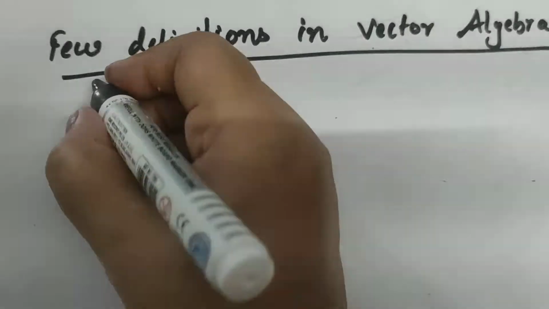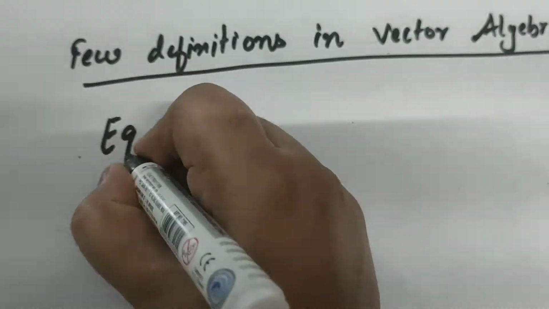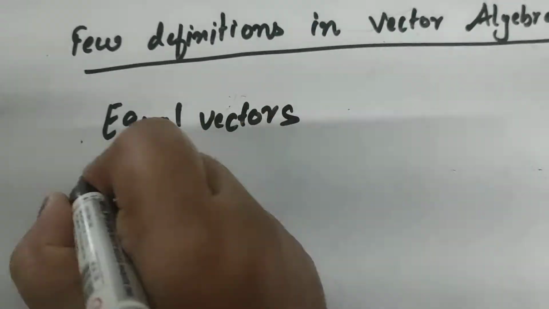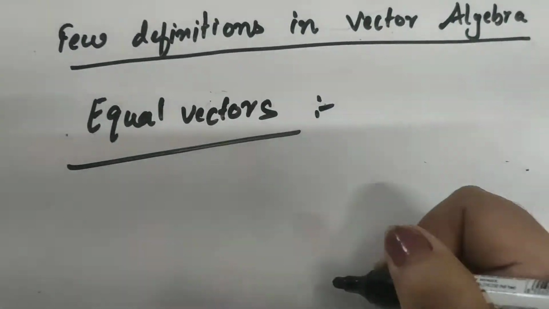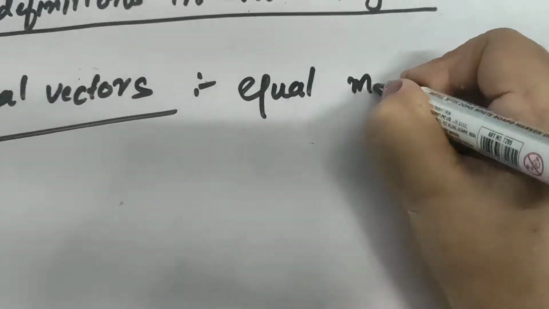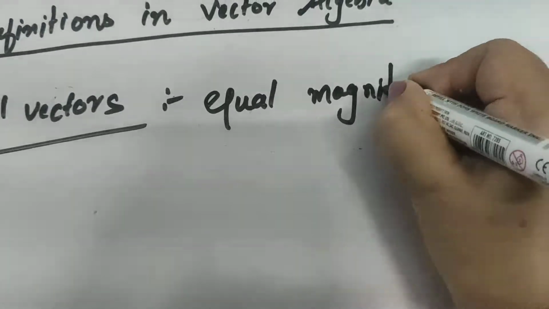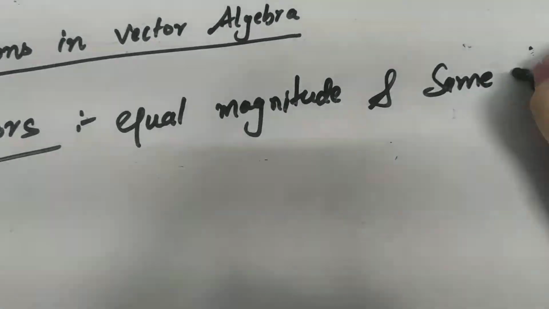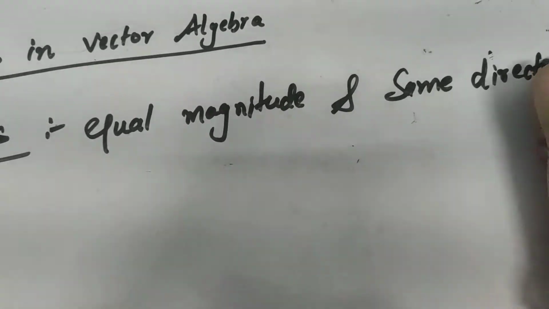Let us now move to the next definition, which is equal vectors. Equal vectors, as the name explains, are the vectors which have equal magnitude and the same direction, right?